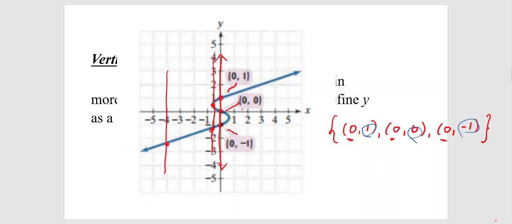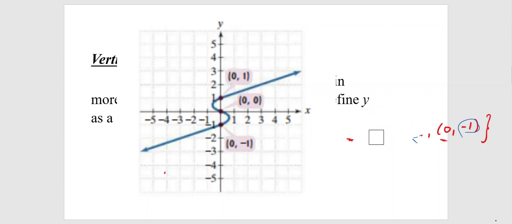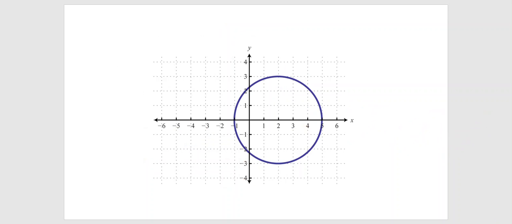Okay, let's move on and let's take a look at other graphs like this one. But let me erase this real quick. Okay, let's take a look at this graph. Is it a graph of a function or not a function?